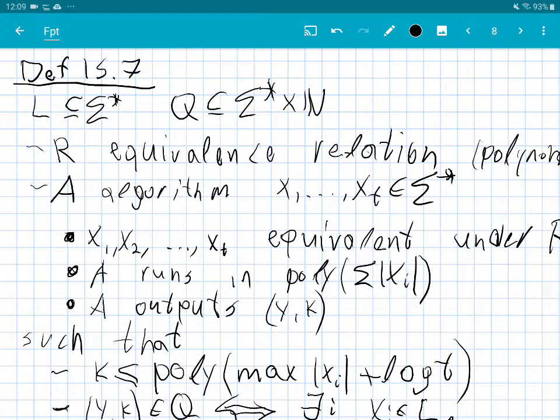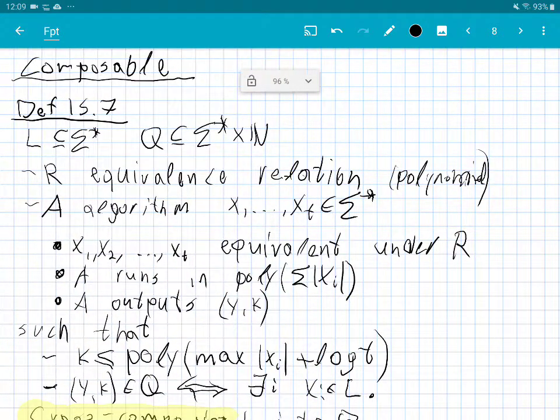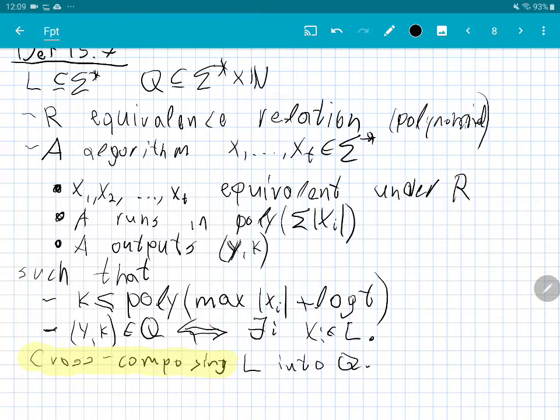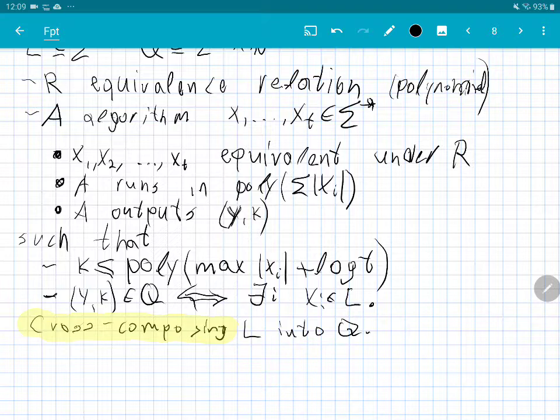So we take t instances that are equivalent under this relation, and we have an algorithm. The algorithm runs in polynomial time in the size of all those instances put together, and it outputs a new instance y of k.